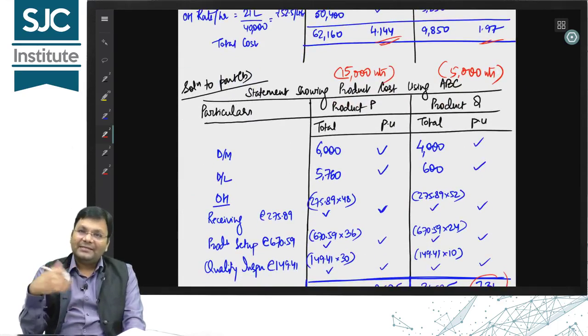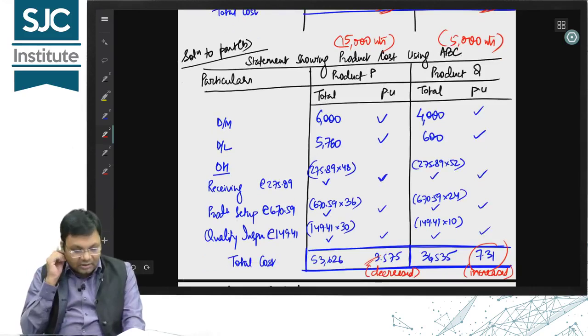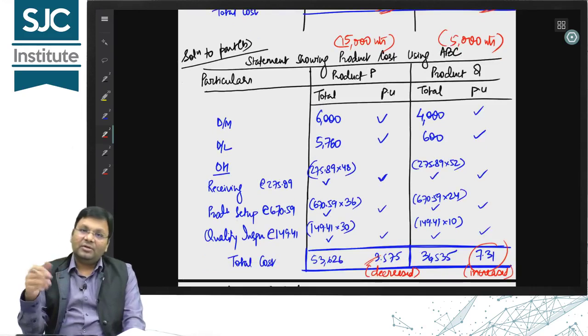So when analyze the cost is given, you will say that product P's cost has decreased but Q's cost has increased. This is because P may be using lesser resources. Activity based costing allocates cost as per the resources consumed. So this way you have to write a reason about that also.